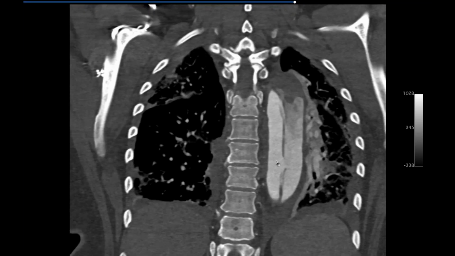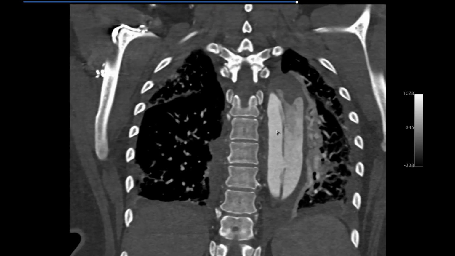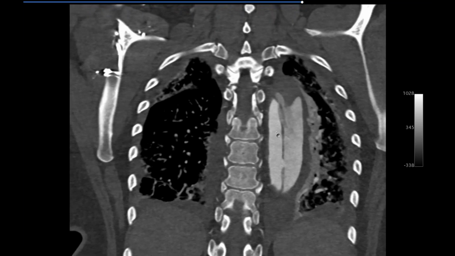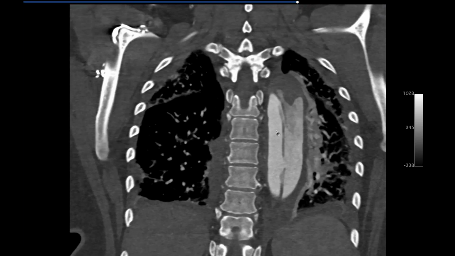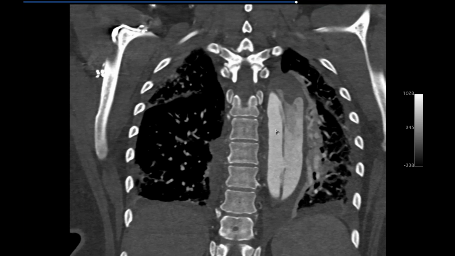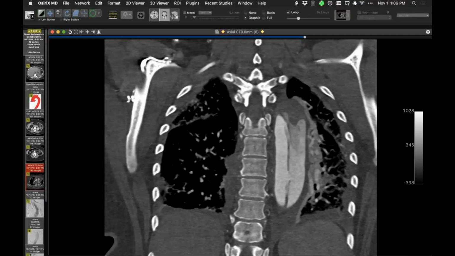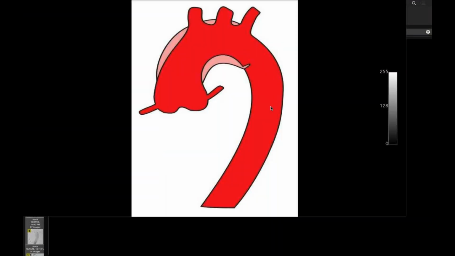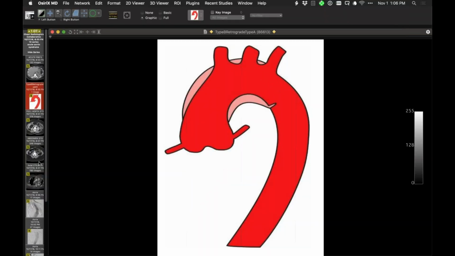I must admit, I don't know what this very discrete area of low attenuation is in relation to the false lumen there. But certainly this is consistent with a type B dissection with the tears in the distal aortic arch and descending aorta, with retrograde extension to involve aortic arch and ascending aorta, and a substantial one at that. So this is the scenario where one sees at least an intimal tear here, and then retrograde extension of hematoma.